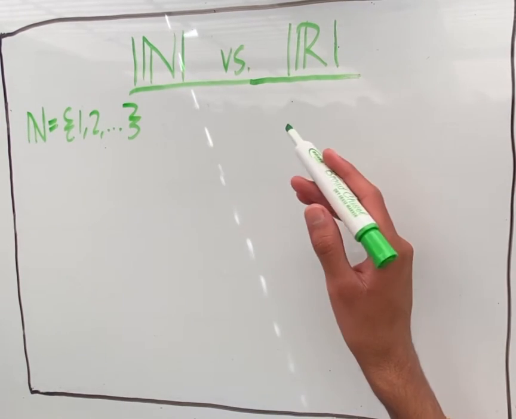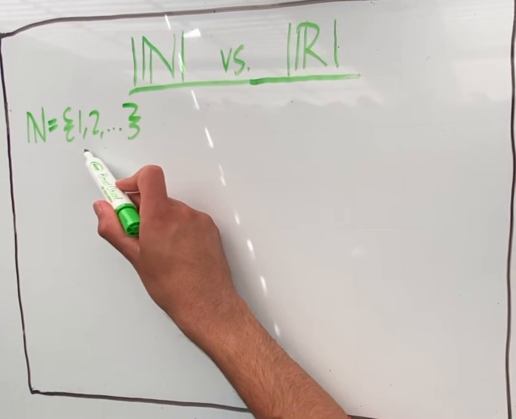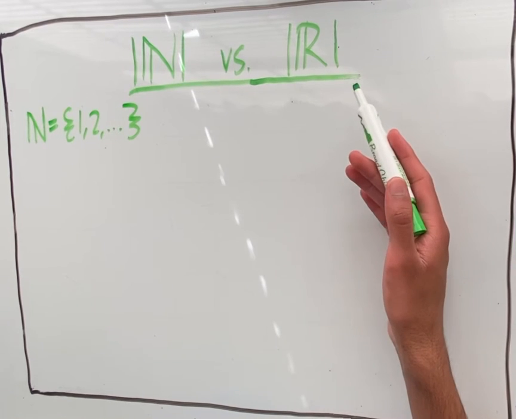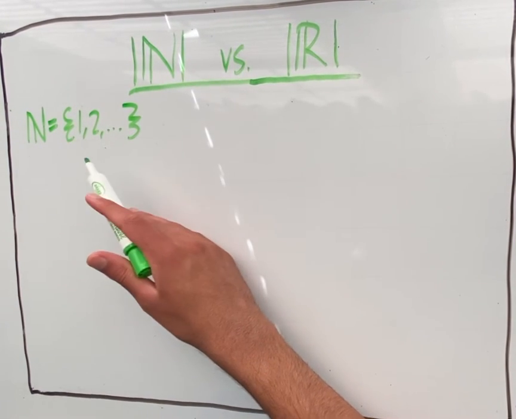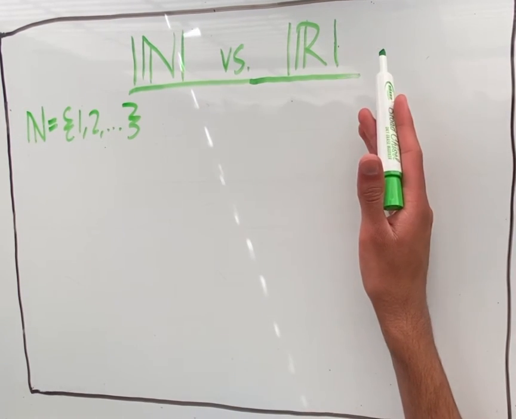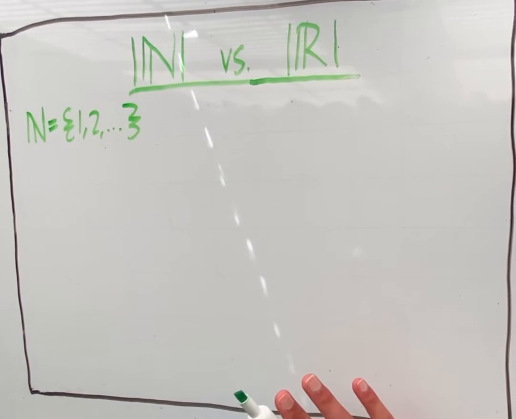And again, bijective means that every natural maps to a different real number, and there's one natural mapped to every real number. So now try and think about this a little bit on your own, and I will present the solution in a few seconds.